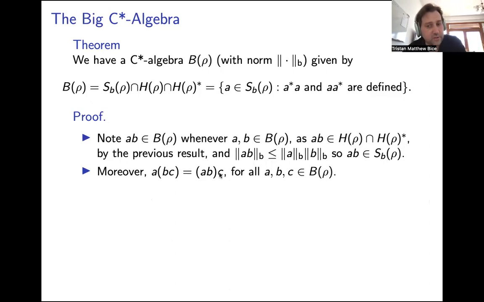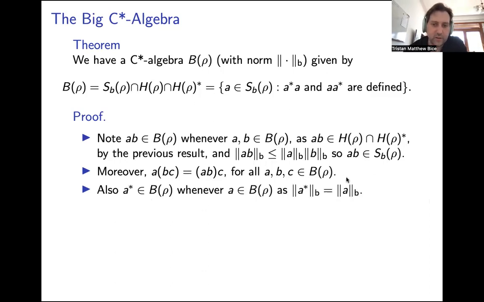We also know the product is associative for all of these elements. This is what we just proved in a more general setting, for more general A, B's, and C's. But in particular, if they all lie within the intersection of all these subspaces, then definitely the triple products are the same. We know that A star lies within B rho whenever A does, right?